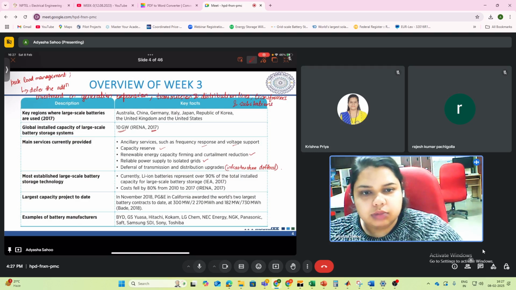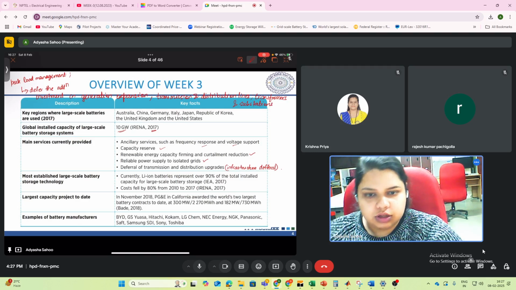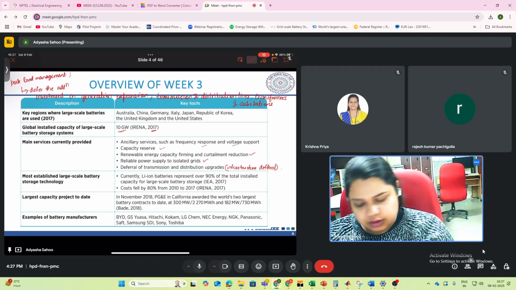So they can be avoided or they can be minimized with the addition of the storage devices.